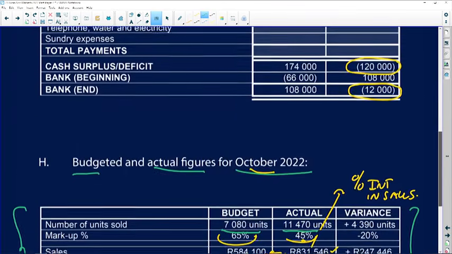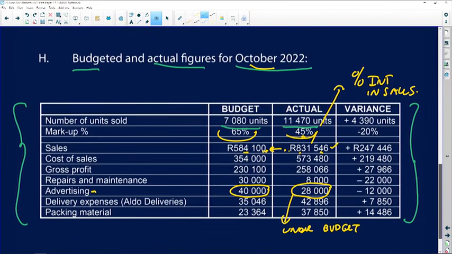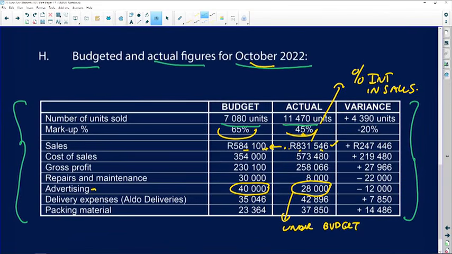Remember, we're looking at the month of October. Repairs and maintenance, as you can see, budgeted 30,000 and the actual spent is 8,000. So once again, she underspent. She didn't use the 30,000 that she budgeted for. Now, can this be a concern? Yes, it can. Why?